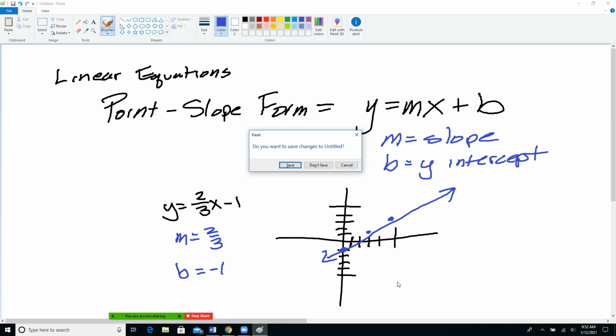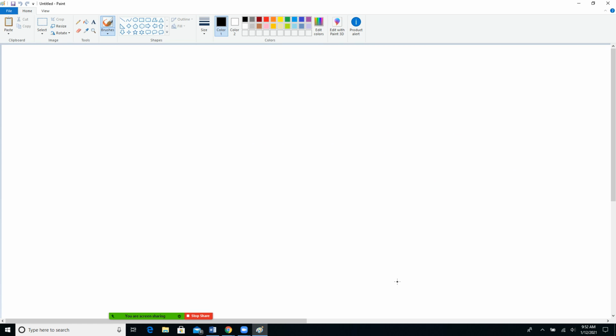All right. That was point slope form. The other one is what is this called? Y minus y1 equals m times x minus x1.